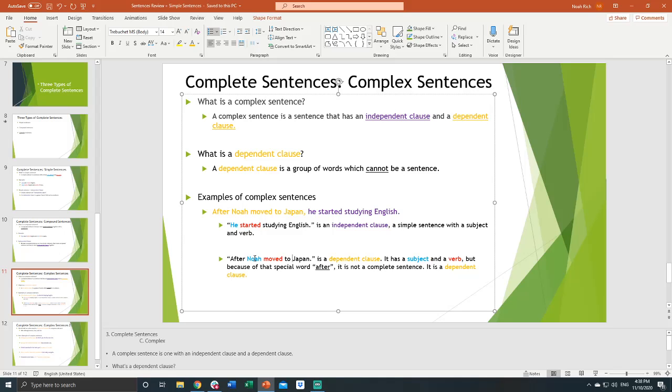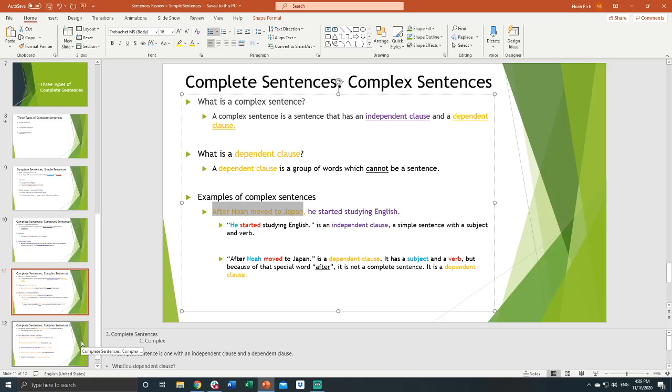It has a subject and verb, but this special word "after" makes it not a complete sentence. It's a dependent clause. And this is what a complex sentence is: a dependent clause plus an independent clause. One part that's a simple sentence and another part that cannot be a sentence.